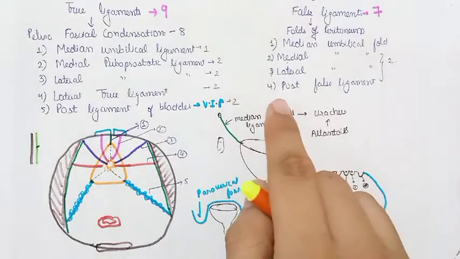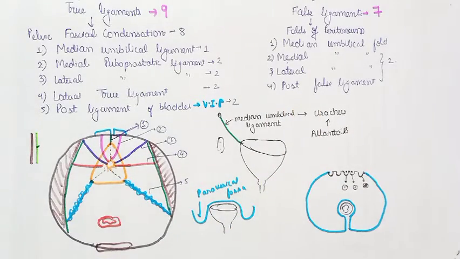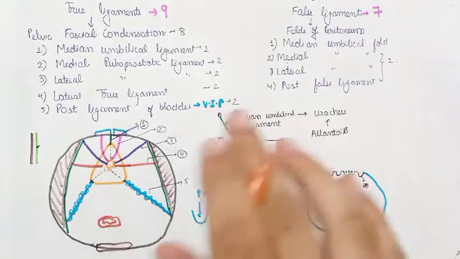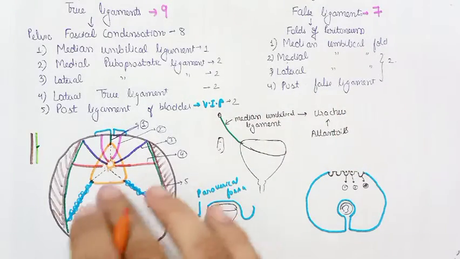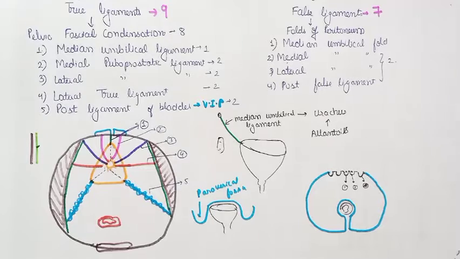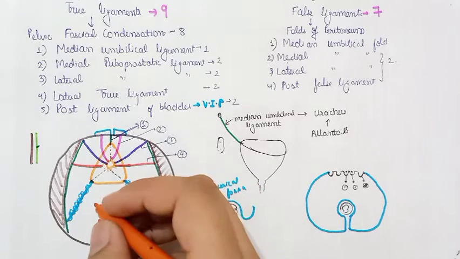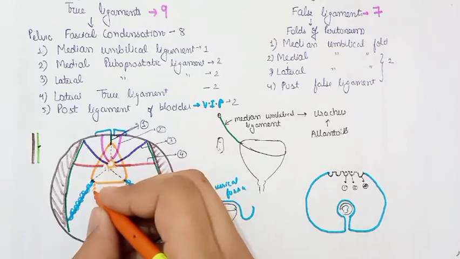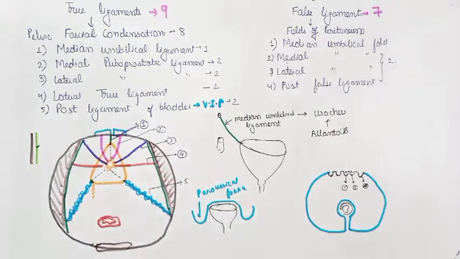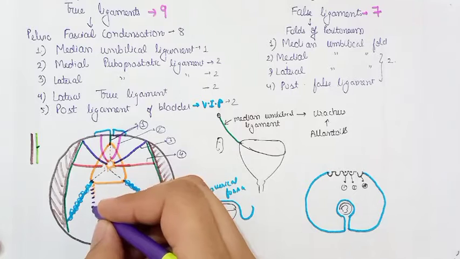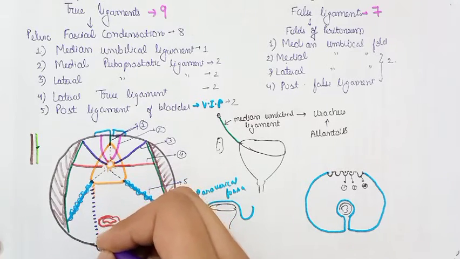The fourth is the posterior false ligament, present on the posterior part as a fold of peritoneum called the sacrogenital fold. It is present in the posterior part from the lateral angles till the level of the S3 vertebra.